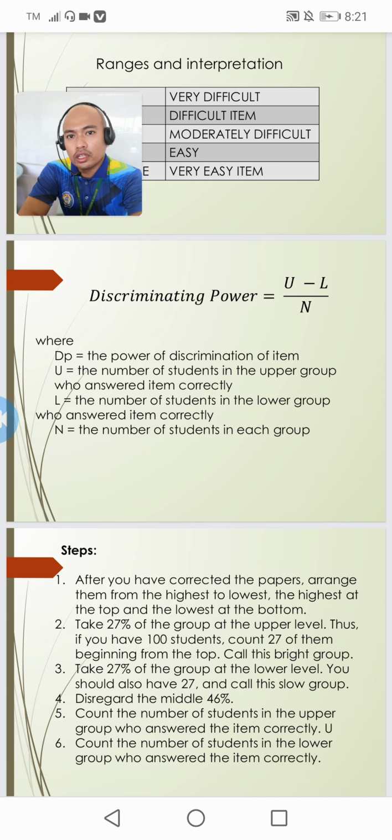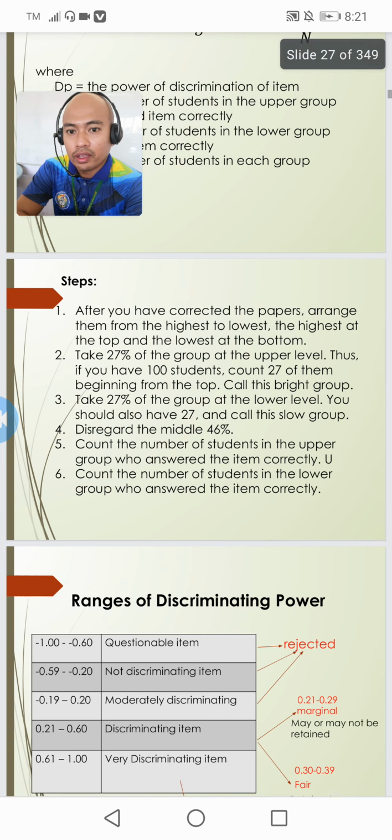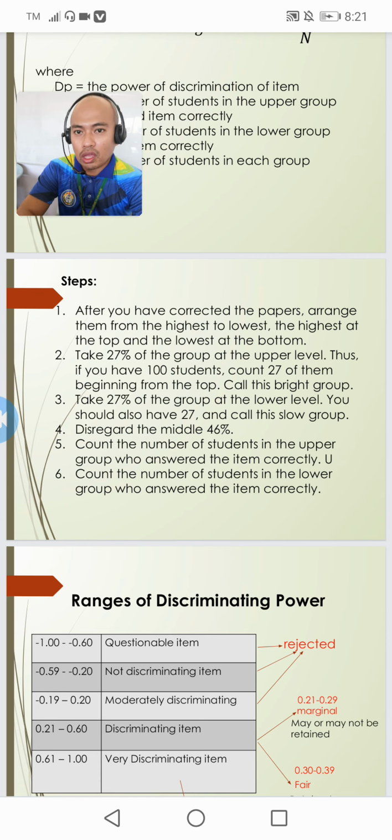Now, to facilitate the computation of the discriminating power, we need to follow these steps. I have identified 6 steps when computing the discriminating power of an item. Now, the first step says that after you have corrected the papers, arrange them from highest to lowest.